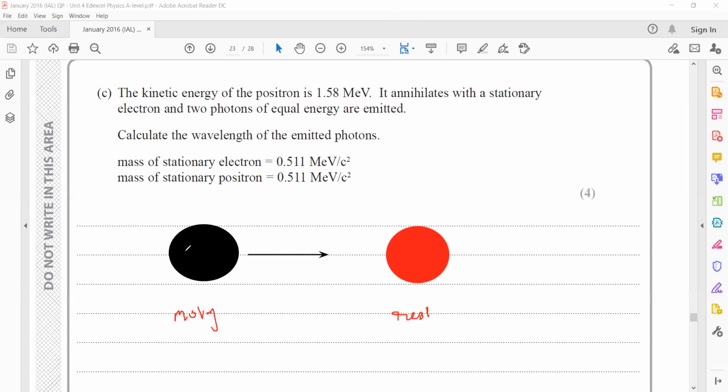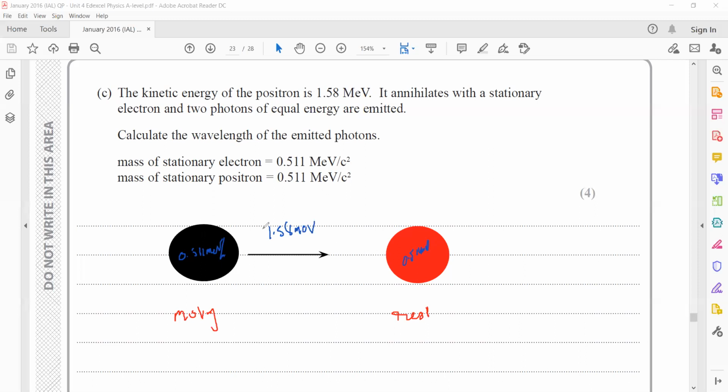The rest mass here refers to the mass when it's not moving close to the speed of light, in mega electron volt per c squared. And for this one also 0.511 mega electron volt per c squared. And the kinetic energy is 1.58 mega electron volt. That's a kinetic energy, not per c squared.